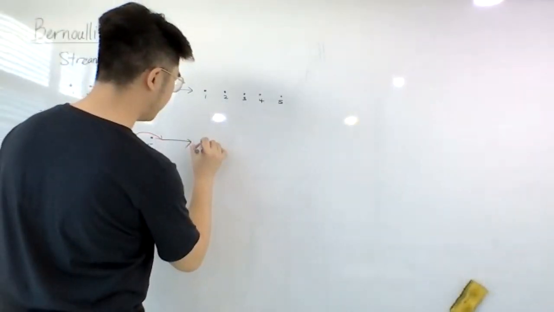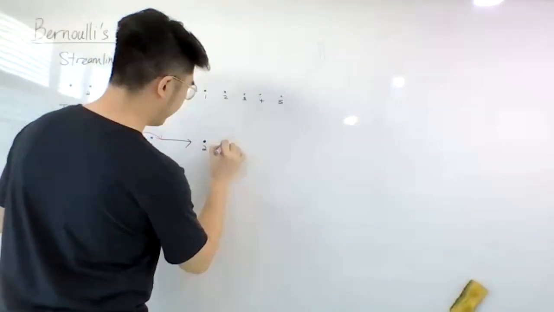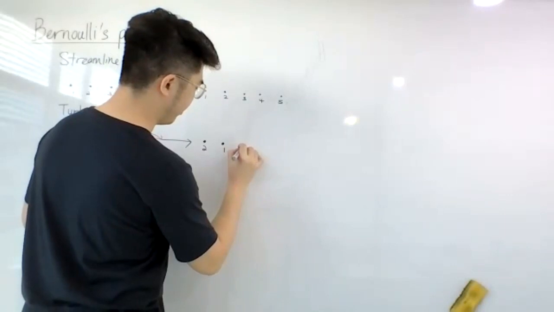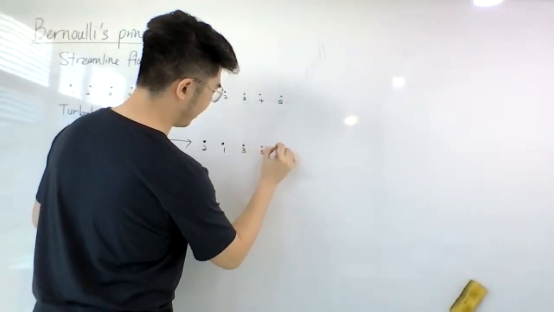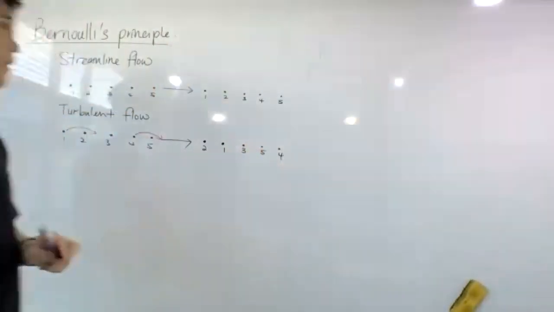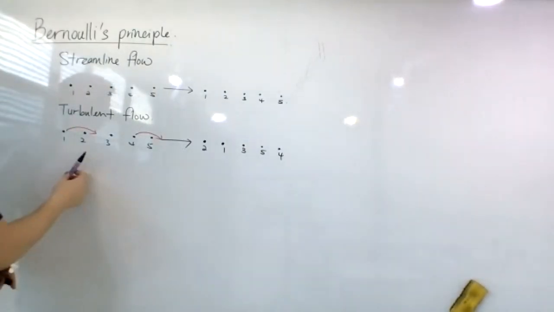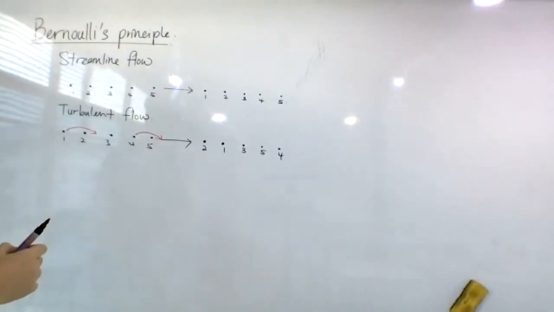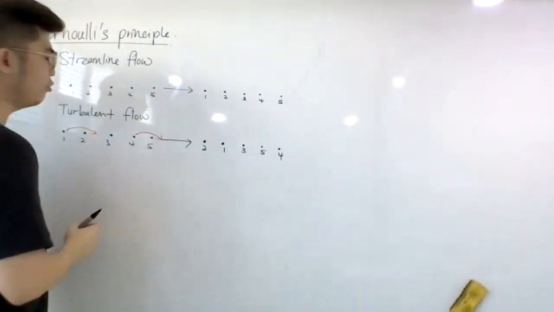So here, the 2 is here, and then 1 has overtaken this one. Then we have 3, 5, 4, like this. So this is different from here in terms of the order of the particles.